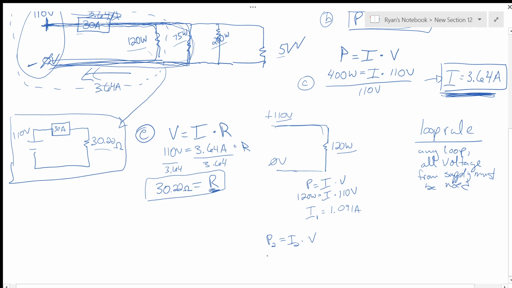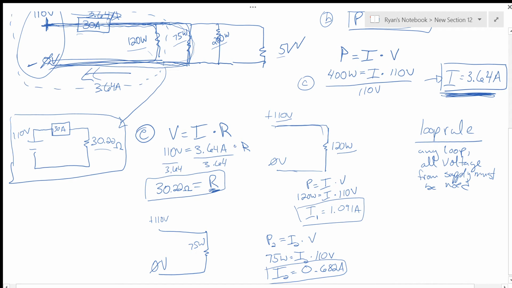And again, that circuit is going to look just like the other one: a 110 volt supply, a resistor, and back to 0. So P is I2 times 110 volts, and I2 is then equal to 0.682 amps. So I've got one current, two currents, I have three. Wait a second, the currents are splitting.